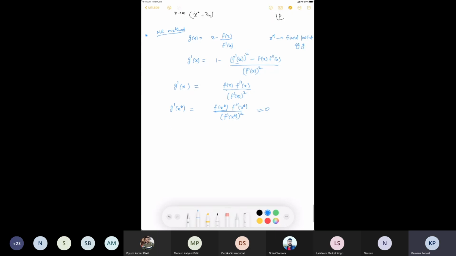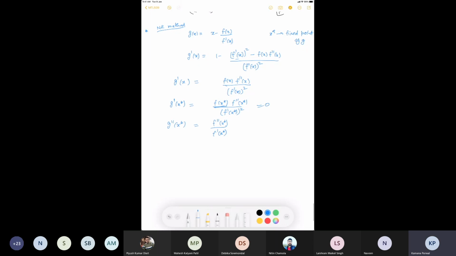And you can also find what will happen to the G double prime of X star. So this will be f double prime of X star divided by, okay, you can find it out. I think it will be just f prime of X star. Okay, which does not have to vanish, right? Because it's depending on the f double prime. So it's not necessarily 0.